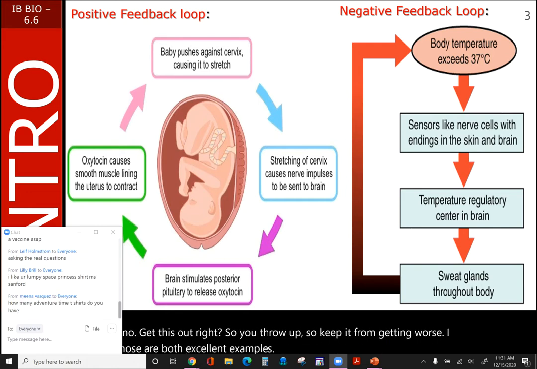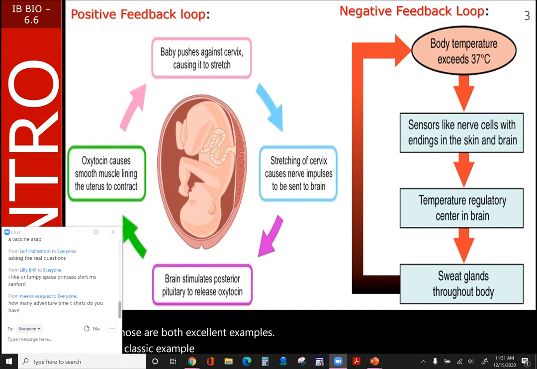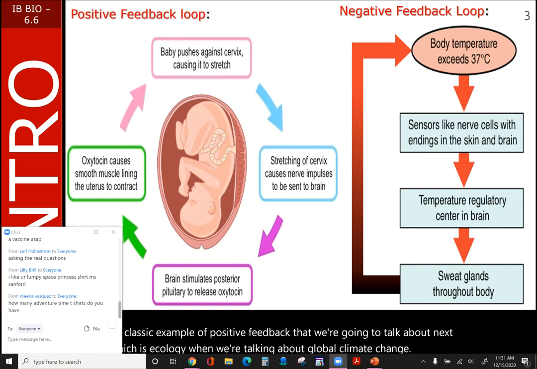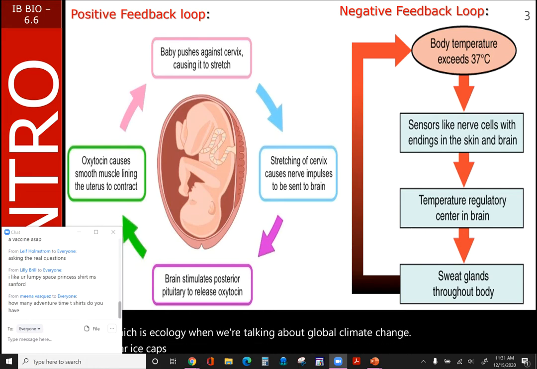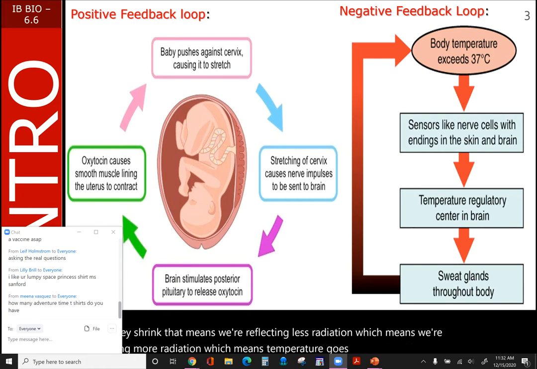Another classic example of positive feedback that we're going to talk about next topic, which is ecology, when we're talking about global climate change. The polar ice caps are very shiny. They reflect a lot of radiation from the sun. So as they shrink, that means we're reflecting less radiation, which means we're absorbing more radiation, which means temperature goes up, which means the ice caps melt faster.